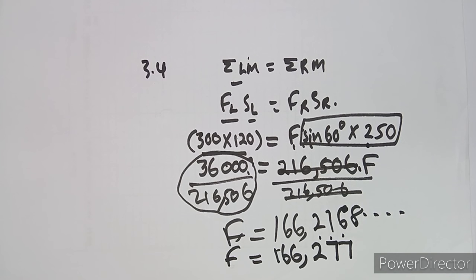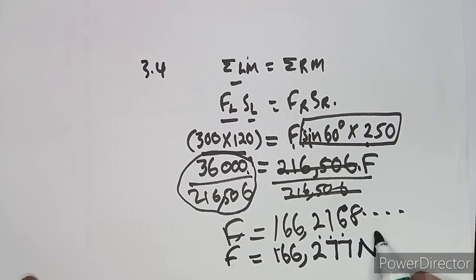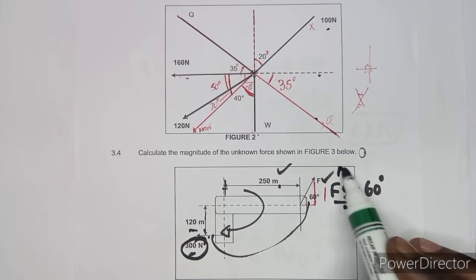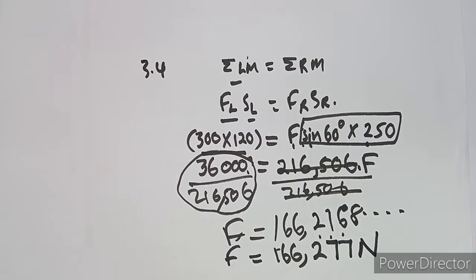The force we had there was measured in newtons, so this one is supposed to be in newtons as well. That is why we have this in newtons. So that is the magnitude of the force F, the one that we are given from this concept.